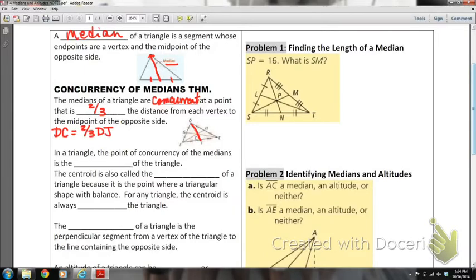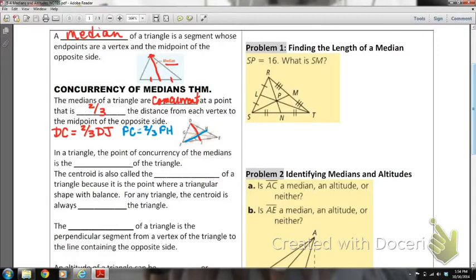Let's look at another one of the medians. Let's look at FH. So the median is FH. So to get from the vertex point F to that point of concurrency C, you've got FC is going to be 2/3 of the entire median, which is FH.